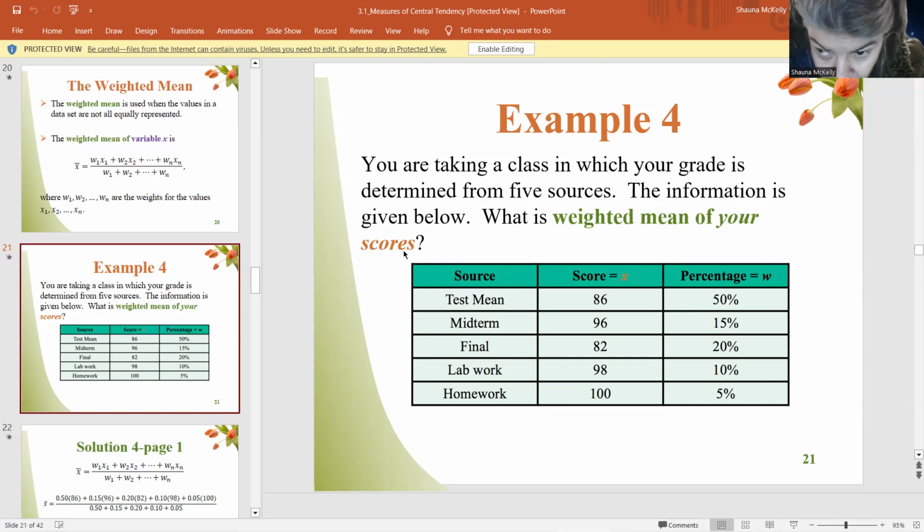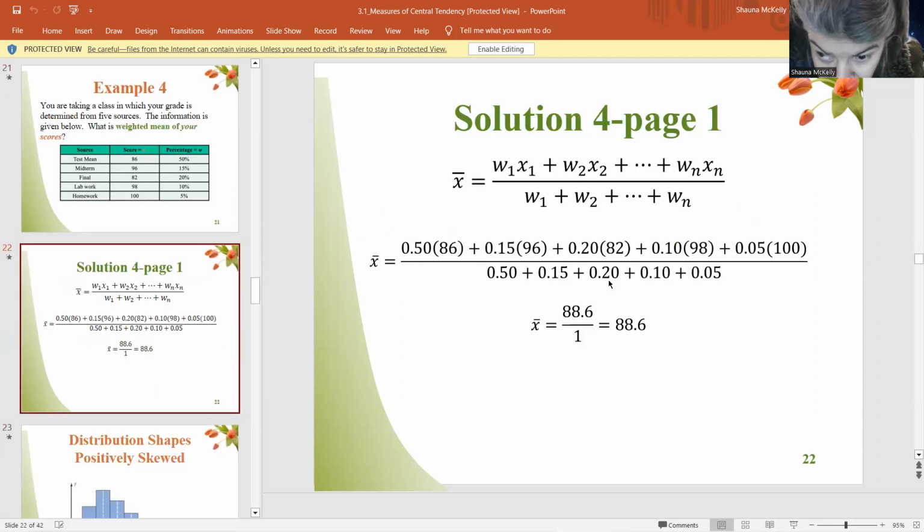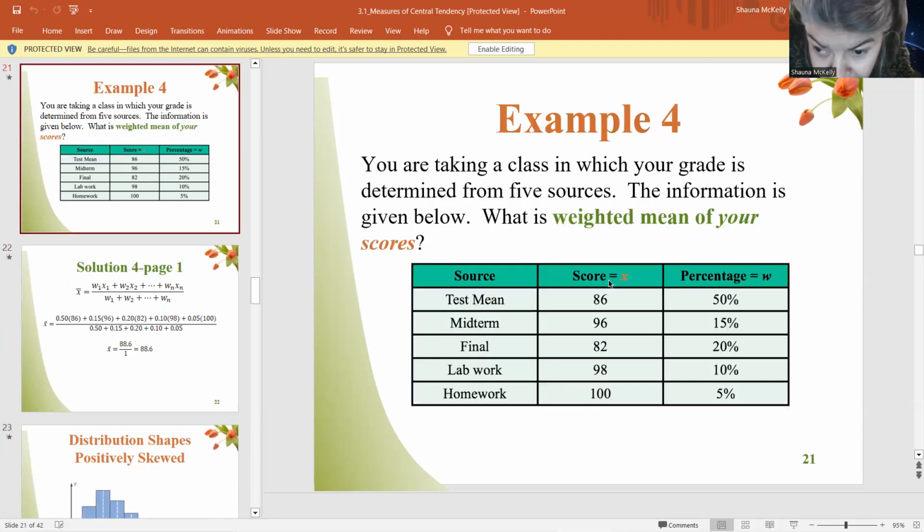That word that comes after of is going to be your X. Weighted mean of X, and that's going to help you decide which one should be the weight and which one should be the score. That's the hardest part of this. Generally, if there's a percentage, you're going to convert it to a decimal. I'm going to show you a couple of these problems because a couple of them gave some students some problems. So we're going to take some time to go over this.